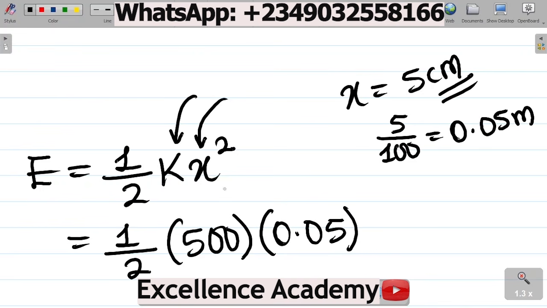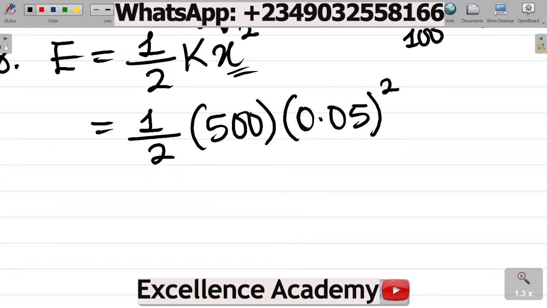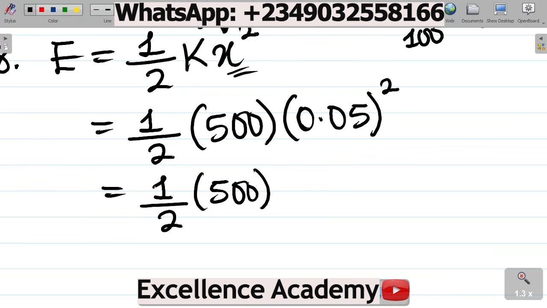Then we square this. This is equal to 1 over 2 times 500 times 0.05 all squared.